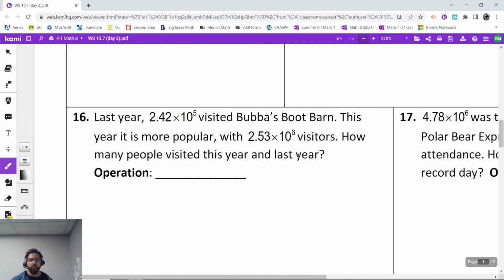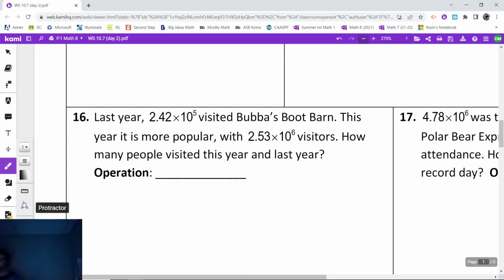And then on the word problems here, you got to figure out, again, what is your actual operation? So last year, this amount of people visited Bubba's Boot Barn. This year, it is more popular with those visitors. How many people visited this year and last year? So in other words, we are looking for our total together.